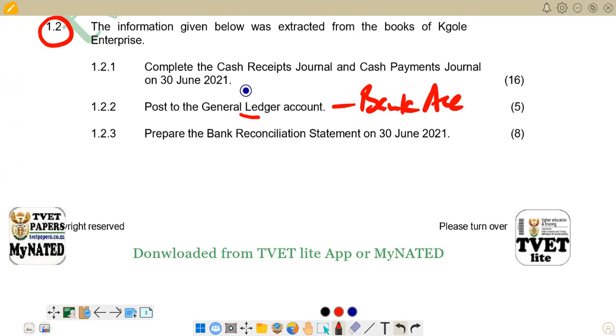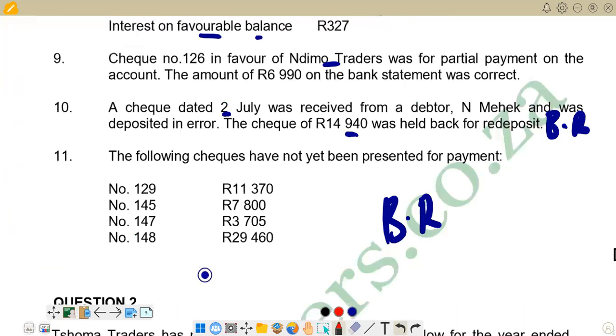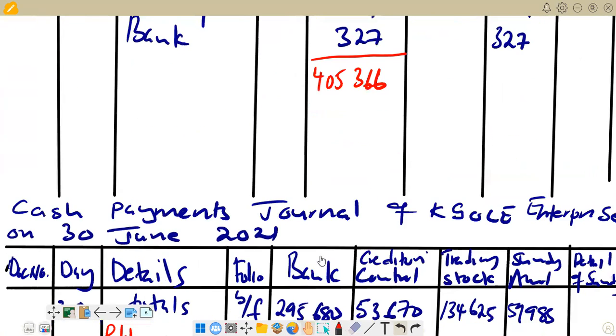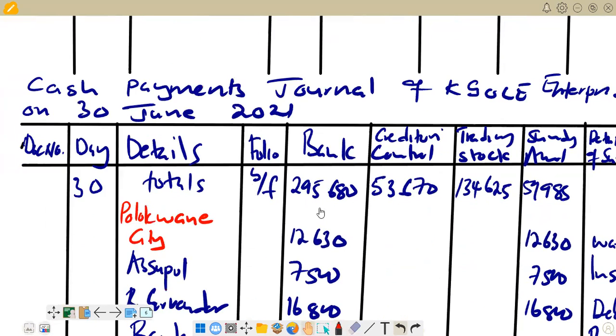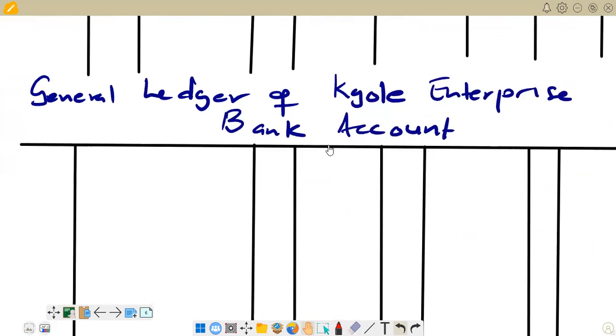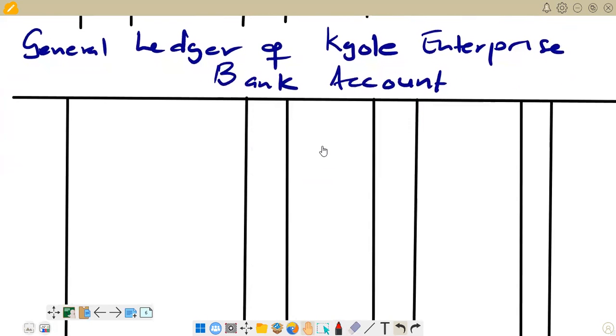So we go to our answer section, and we go down. We are having our bank account there. This is our general ledger of Symbolic Enterprise, and this is our bank account.